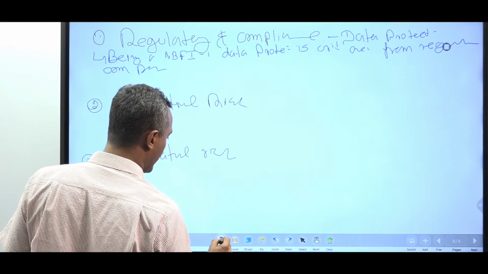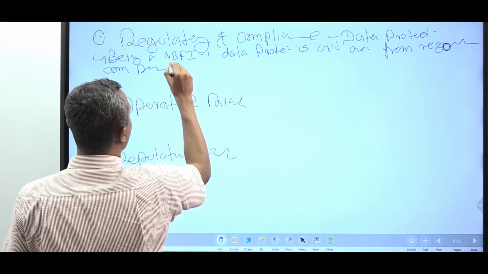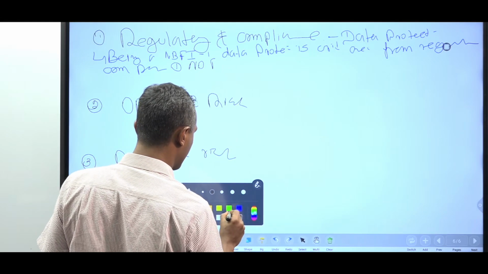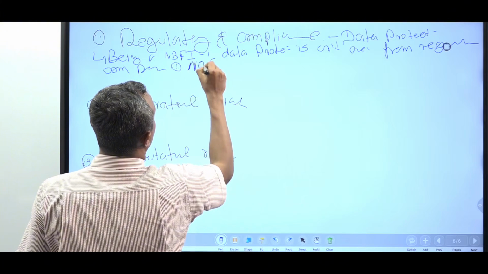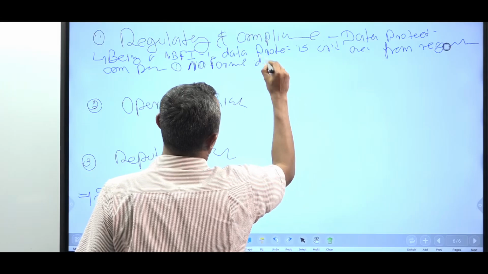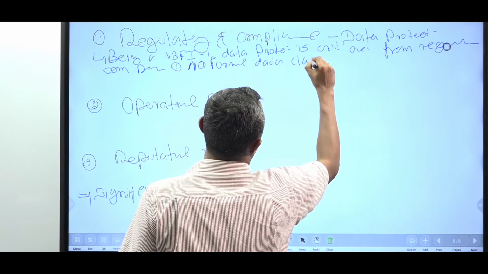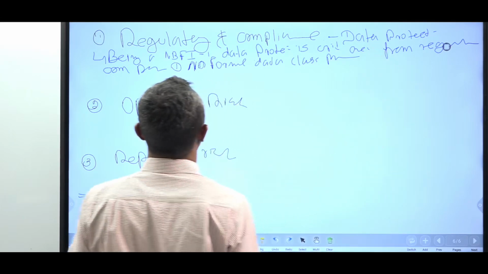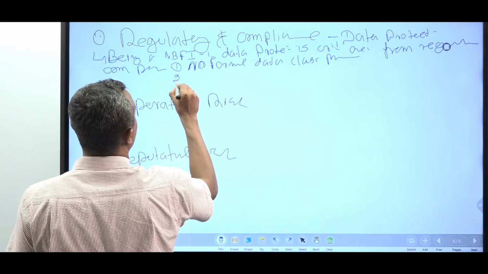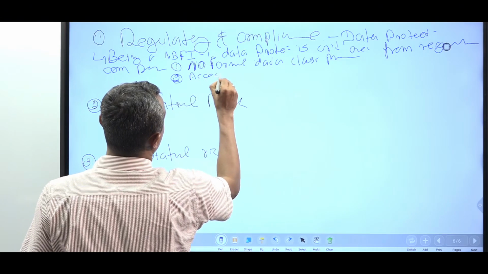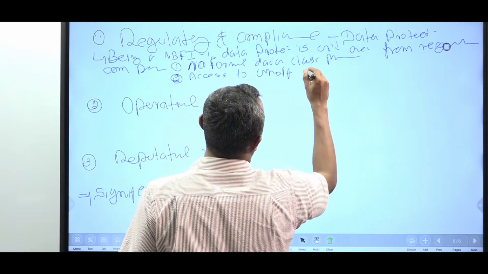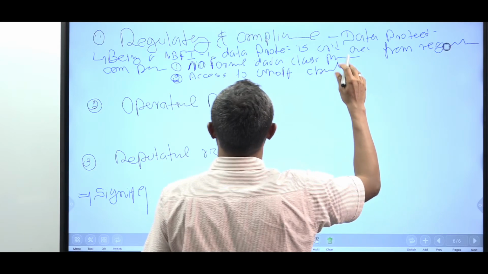Specifically, the case study says these weaknesses are prevalent. No formal data classification process. What else? Unofficial access to Google Drive, unofficial cloud data where the sensitive information can even be stolen.